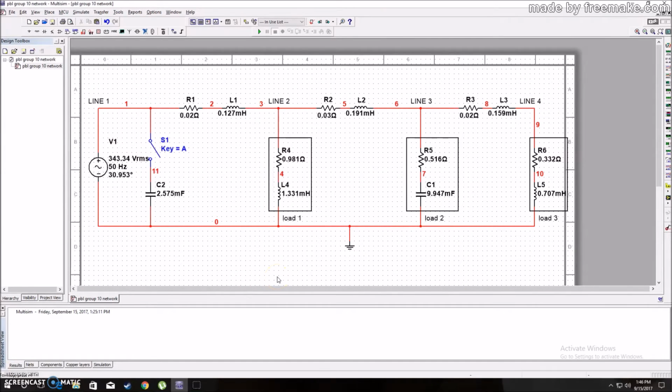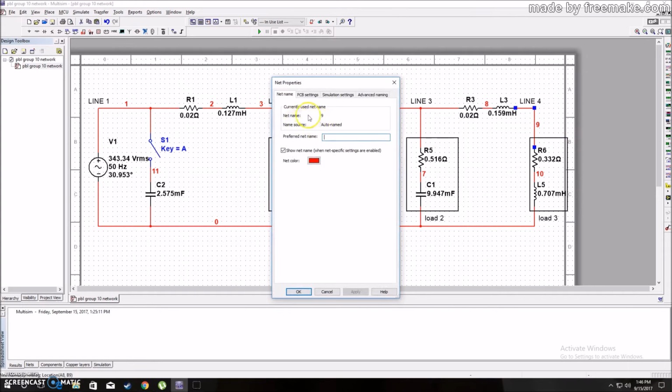Now I'm going to explain a little bit about the circuit diagram. The little red number over here represents the value of the voltage across the element next to it, which is known as voltage net and the number.